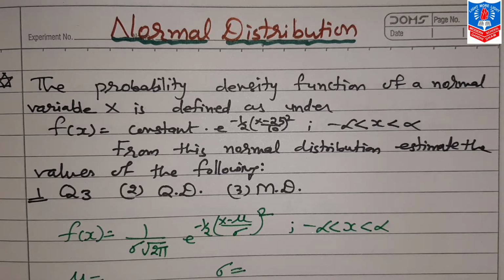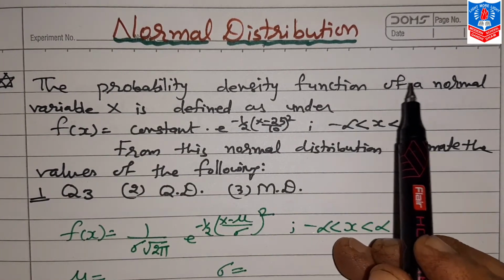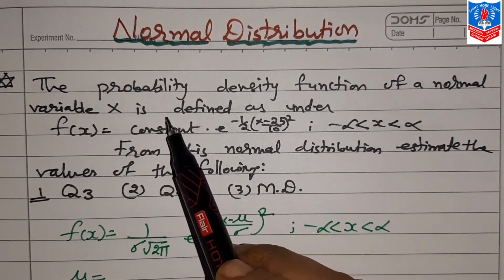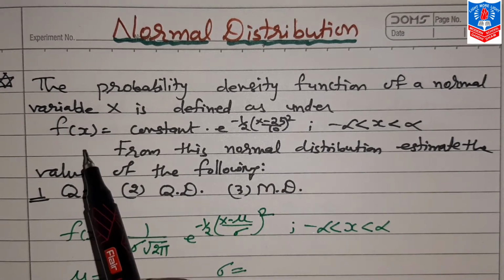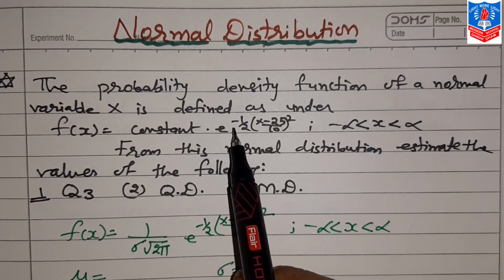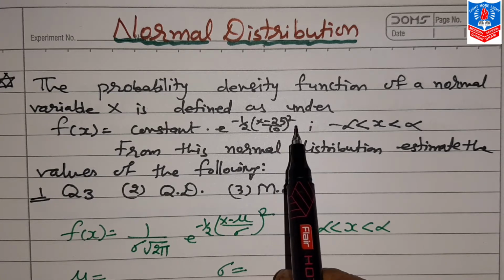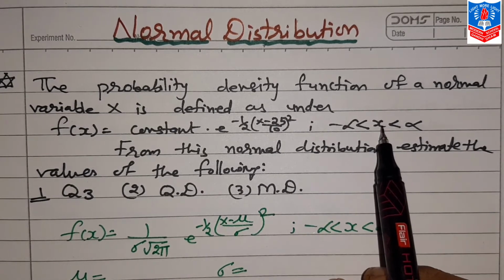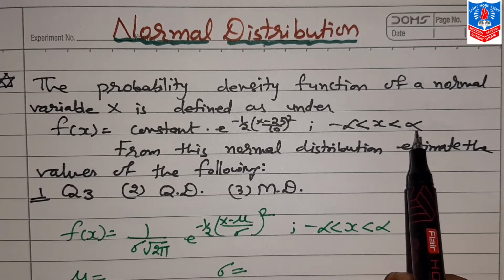Now first question: the probability density function of a normal variable x is defined as f(x) = constant e raised to minus half ((x minus 25) by 10) whole square, where the value of x lies between minus infinity to plus infinity.